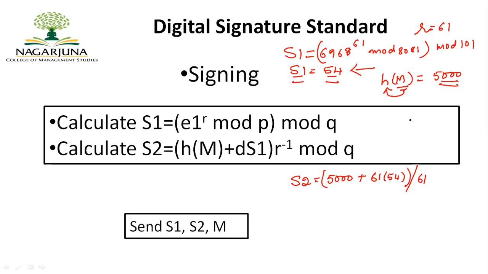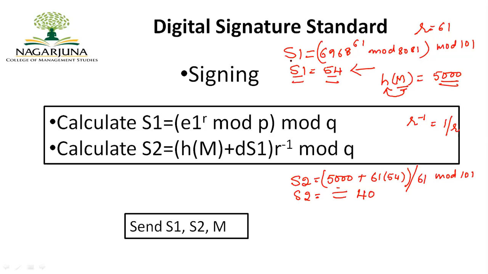So rather than writing it as R to the power of minus 1, I can also write it as 1 divided by R. So I'm going to divide it by 61, and you perform a mod operation with Q, where your Q value is taken as 101. So now we have our S2 value, where after performing the calculations, our S2 value is 40.